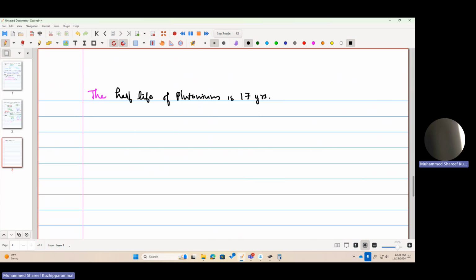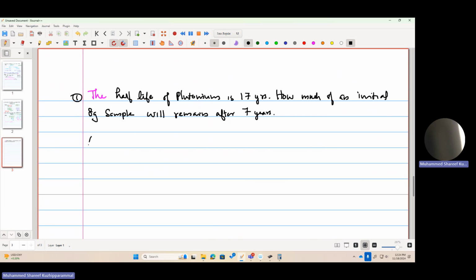How much of an initial 8-gram sample will remain after 7 years?